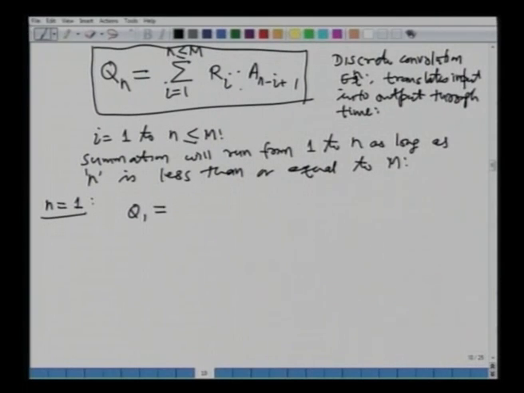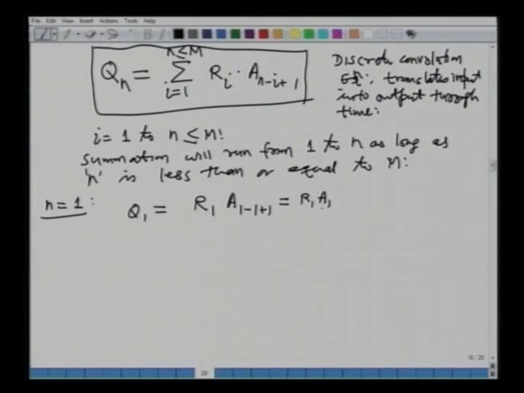So, there will be only one term in the summation. Okay. So, you have R, i going from 1 to 1. So, this is 1 multiplied by A, area. Which area? Well, small n is 1 minus i is 1 plus 1. Is it clear? So, this will be nothing but R1 A1.